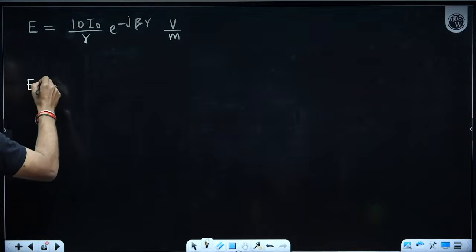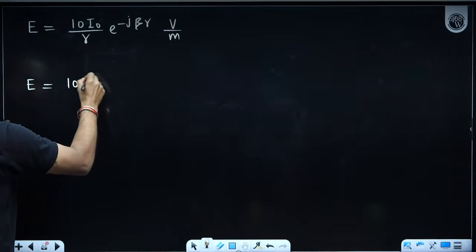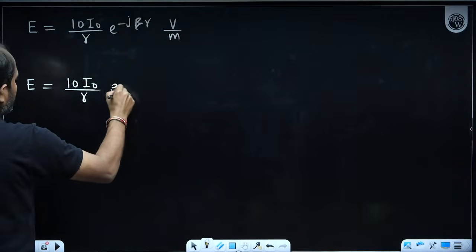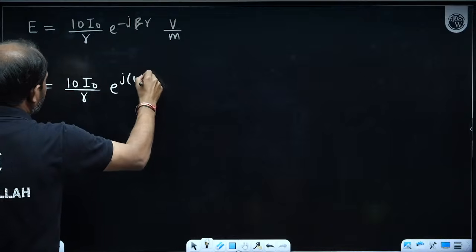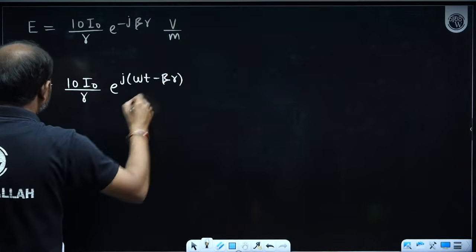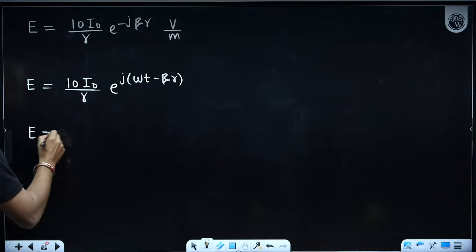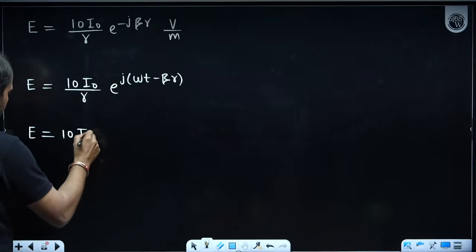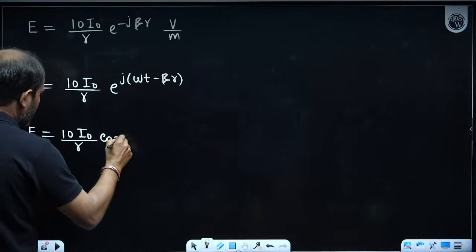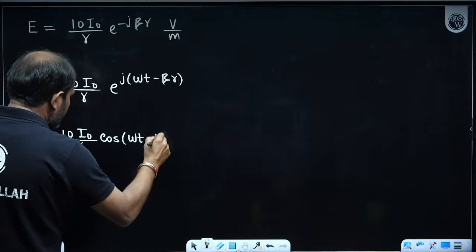First of all, you can calculate 10 I naught divided by r e to the power j omega t. So the real part of the electric field will be 10 I naught divided by r cos(omega t minus beta r).